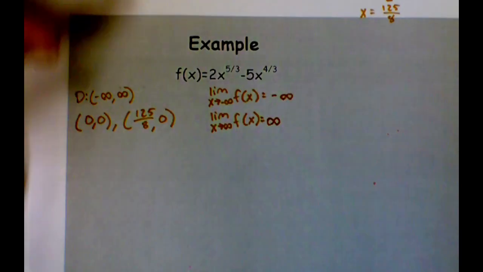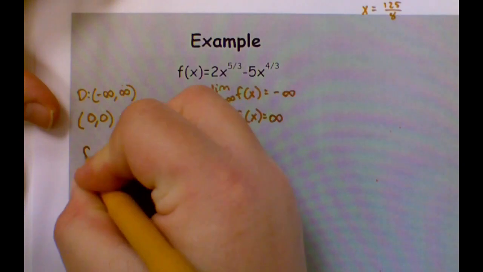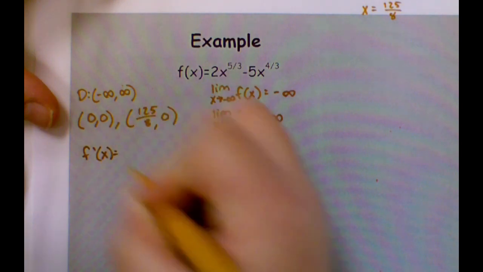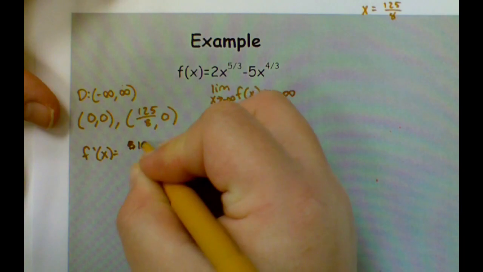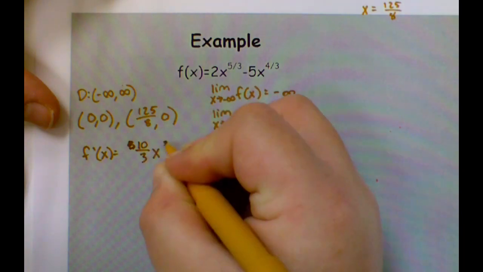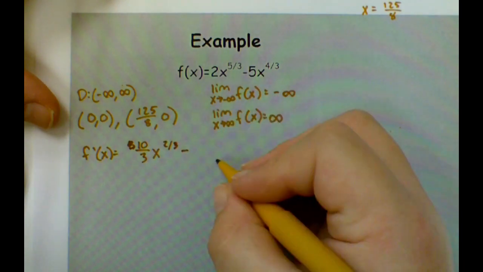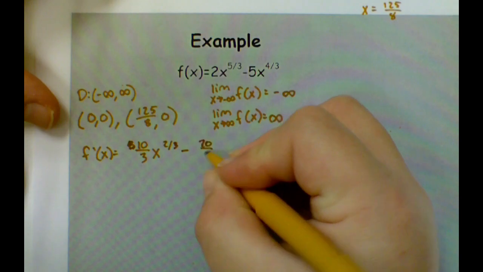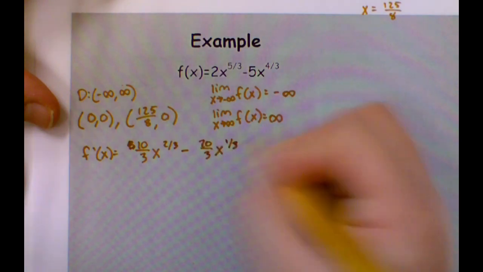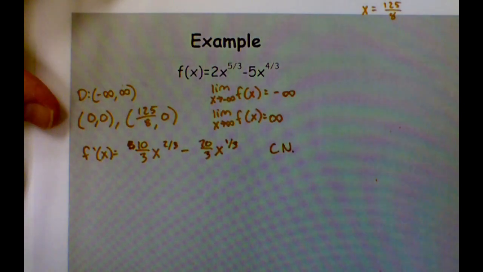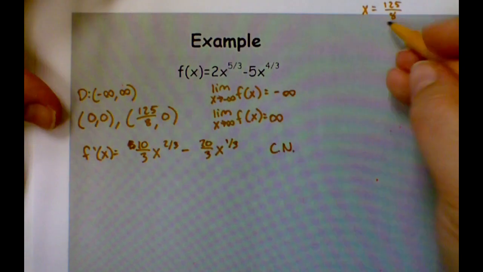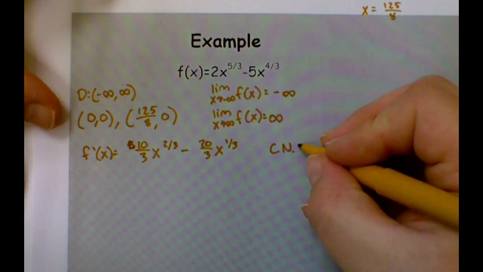All right, now we go on to our derivative. The first derivative is going to be 10/3 x to the 2/3 power minus 20/3 x to the 1/3 power. Well, my critical numbers, similar to how we did it before for our x-intercepts, I'm going to get x equals 0.